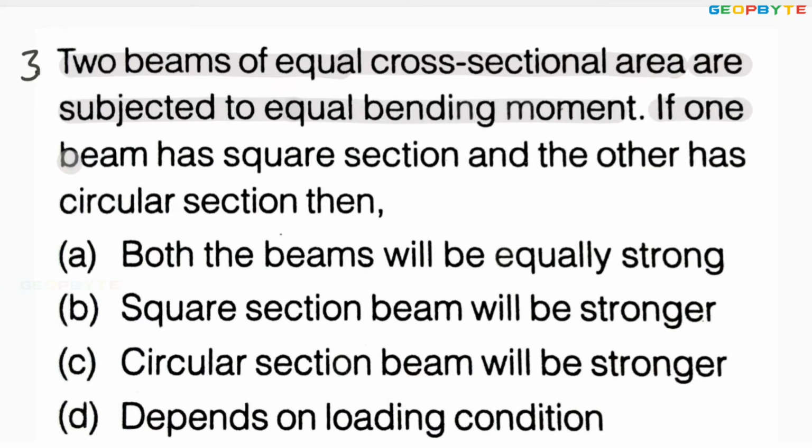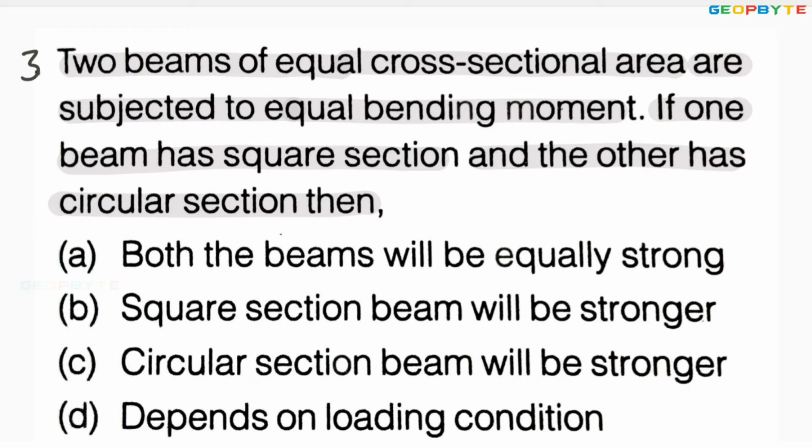If one beam has a square section and the other beam has circular section, then, option A, remember, for the same bending moment, you please remember square section is stronger than circular section. It is a very important point. For the same bending moment, a square cross-sectional beam is always stronger than the circular beam.